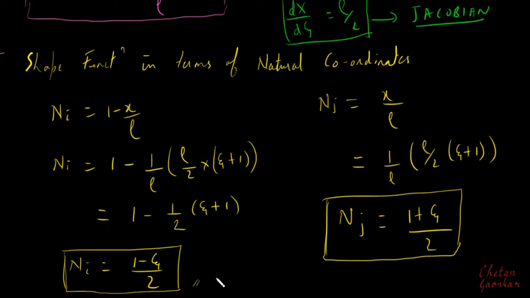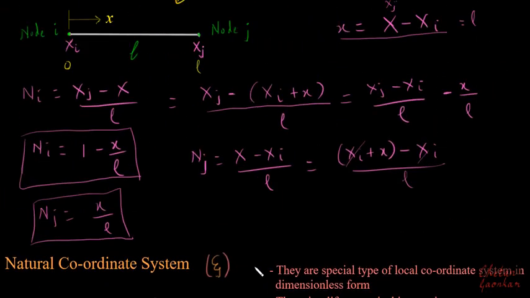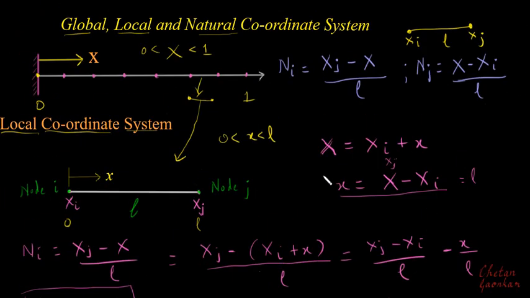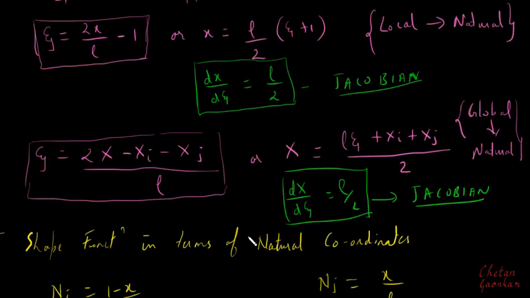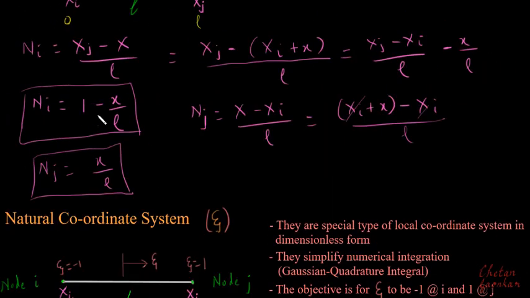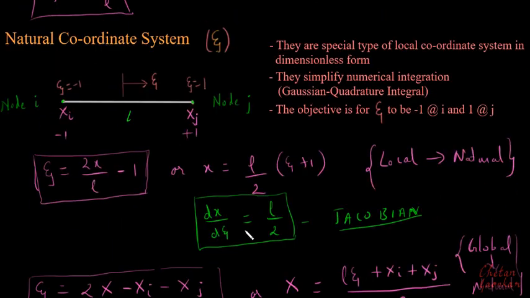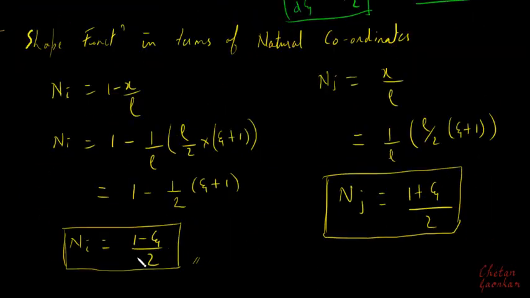So we saw that the shape function in terms of the Cartesian coordinate, or sorry, the global coordinate, is given by (xj minus x) by L and (x minus xi) by L. Similarly, the shape function of the same element in terms of local coordinate is given as 1 minus x by L and x by L. And further, the shape function of the same element in terms of natural coordinate is given by 1 minus xi by 2 and 1 plus xi by 2.